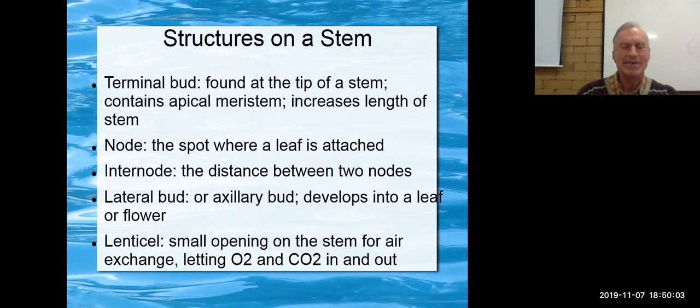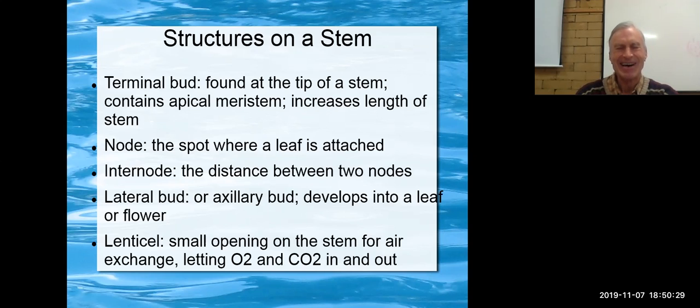We'll show some pictures of this. And a lateral bud or axillary bud is on the side of a stem, and it develops into a leaf or a flower. So if you see a bud, that's also where a node is, because that's where a leaf is going to develop. And there's a meristem in there.